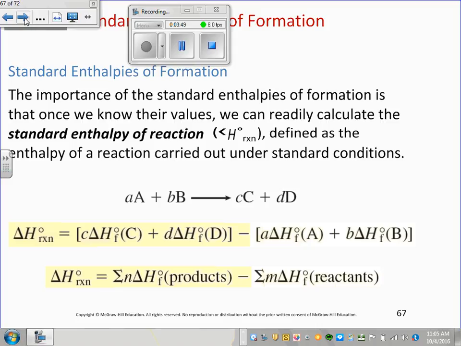Really just do the math and add them together and subtract them, and you'll get the enthalpy for the reaction. You have to be careful when you look on that table that you get the right phase. If it's gas, you're using gas. If it's liquid, you're using liquid, and so forth.